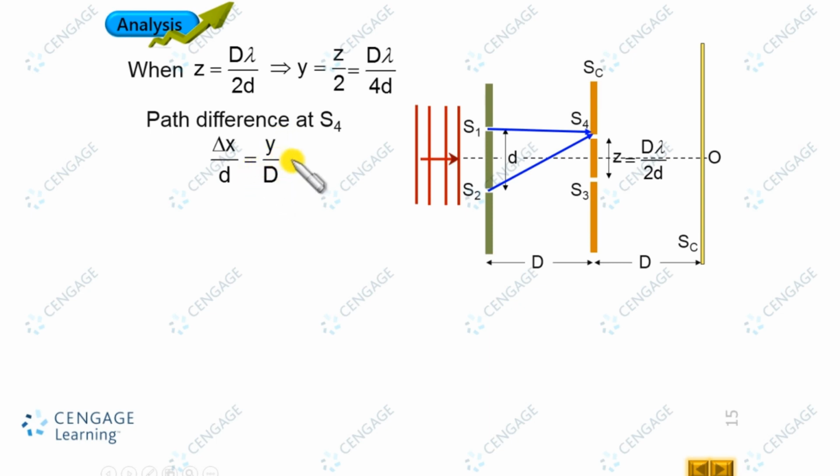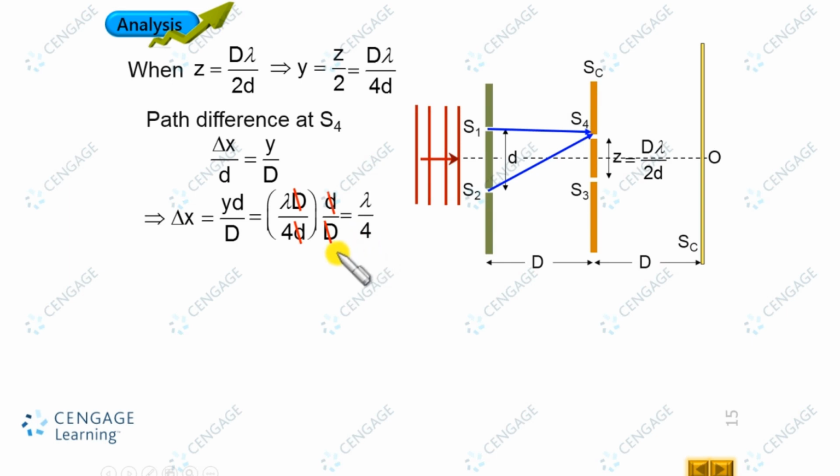Before substituting, let us rearrange this relation: delta x equals y small d divided by capital D. Now you can observe the capital D and small d get cancelled. That means we have the relationship delta x equals lambda by 4.